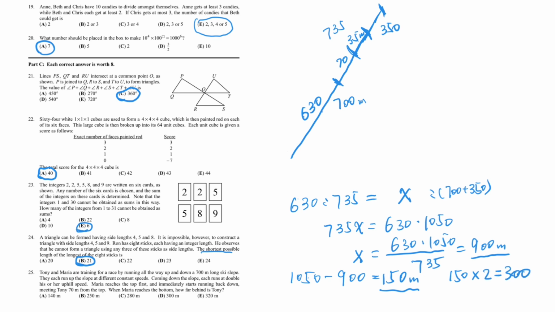That's 300. That means Tony is 300 meters behind Maria. Therefore, the answer is D.